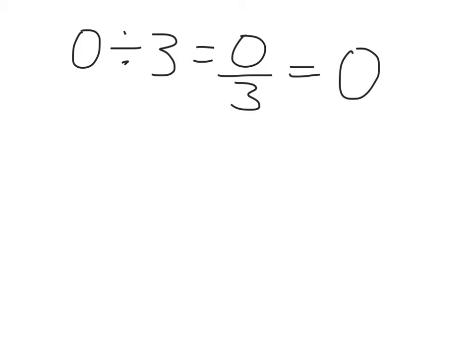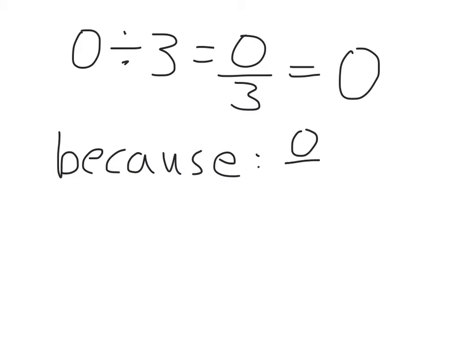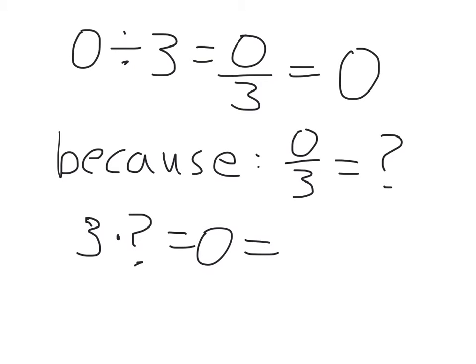Okay, would be the value of 0, because, again, thinking 0 divided by 3 equals what? We would turn it around and say 3 times what equals 0, and that would be 0. 3 times 0 equals 0. So 0 divided by 3 is going to equal 0.